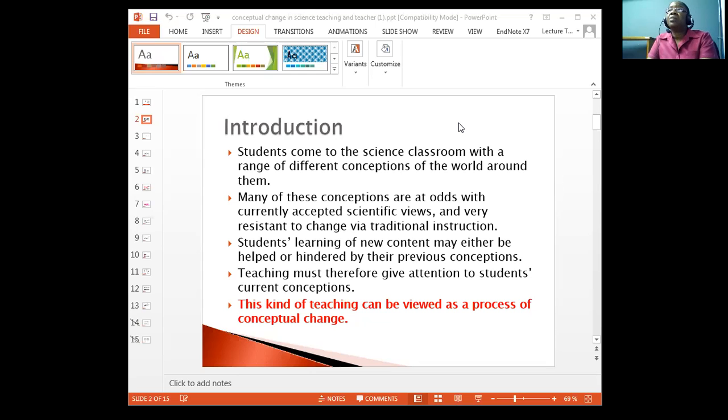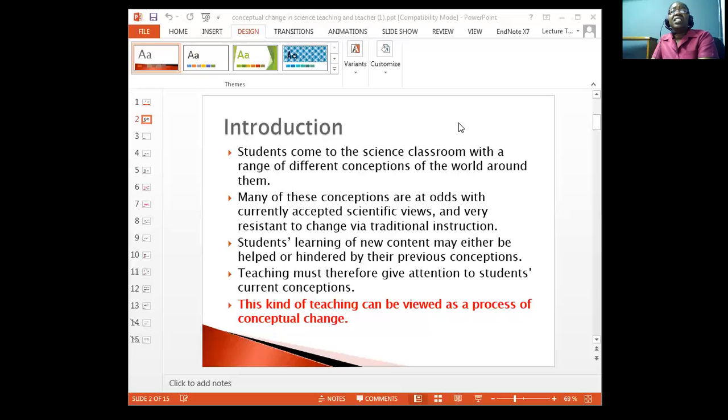For example, in any standard lesson, one of the things that we would normally do at the start is to try to find out what students already know. Because it's very difficult for us to just go in and throw content at students without first getting an understanding of where they are. Right? So that's one of the first things that we tend to do.